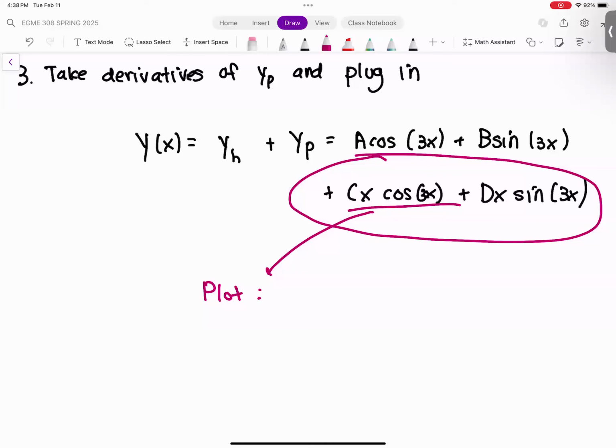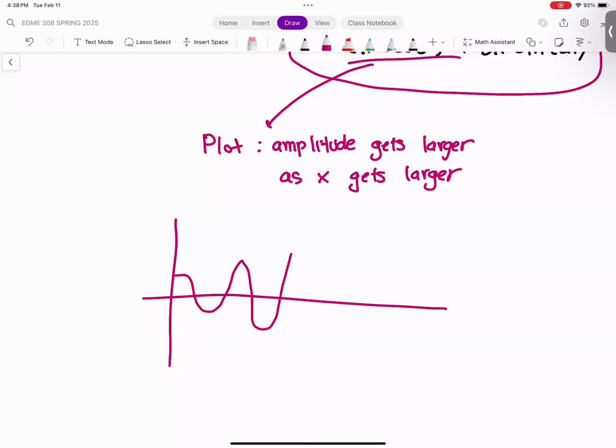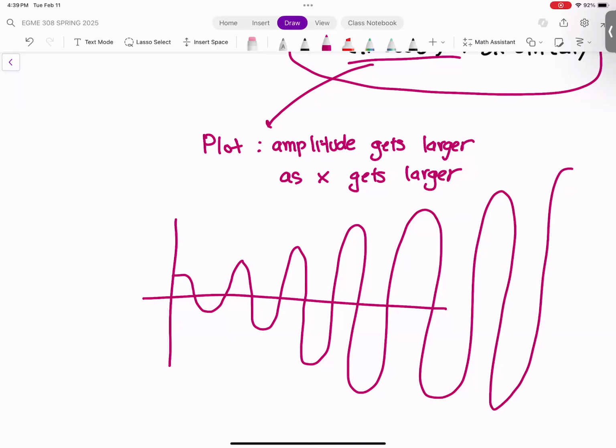So you can imagine as x goes from 1 to 2 to 3 to 4 to 5, the magnitude of this cosine is going to start to amplify as x gets larger. If you plot it, it's going to look something like this. It may start kind of modest like this, but eventually it's going to start getting bigger and bigger.